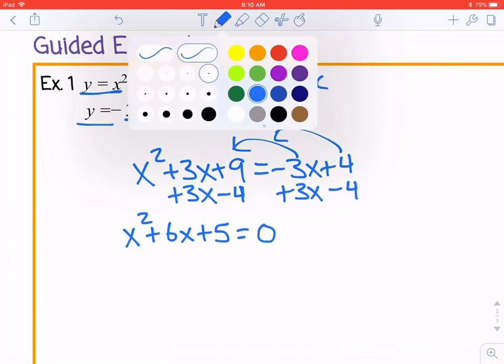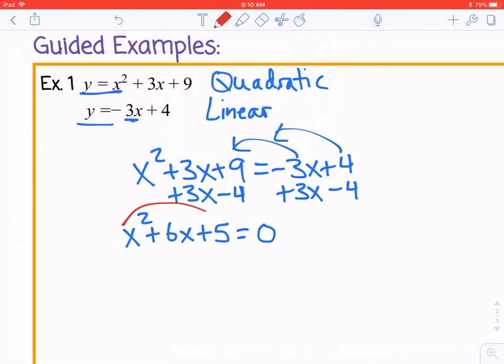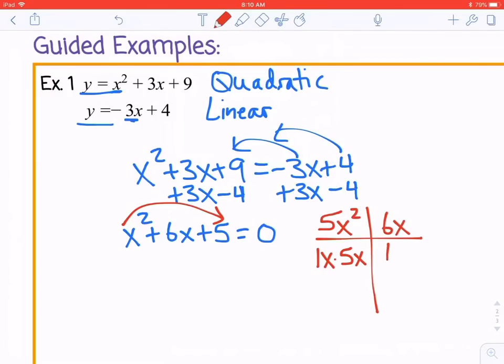Let's use our t-bar, because it's a trinomial, to see if we can find factors. We need factors that multiply to give us 5x squared and add up to 6x. So 1x times 5x will add up to 6x and also multiply to give us 5x squared.